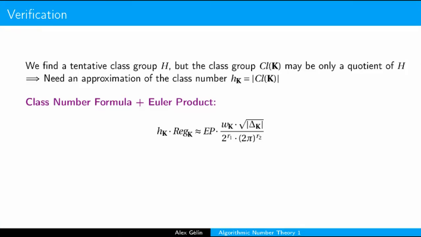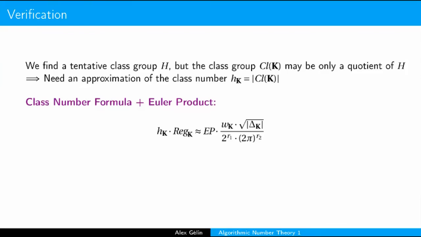So there is still something I don't know in this formula. What is the regulator? It's almost the same thing as the class number, but in the case of the group of units. Remember, I talked about units in the very first part. It's something finitely generated. So if I have units, I can find some candidates for fundamental units.